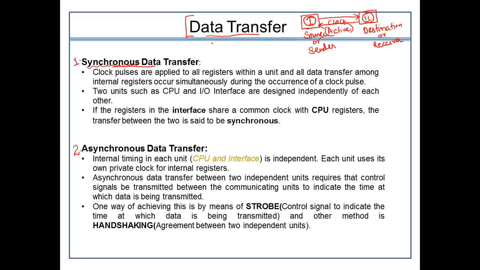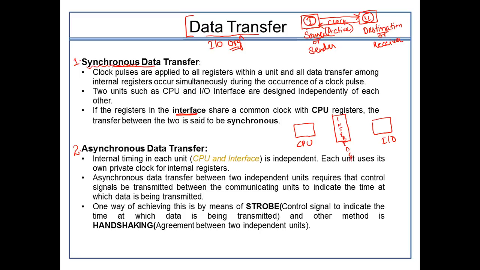As we are learning about input output organization, let's understand this concept of source and destination that way. In synchronous data transfer, the two parties, two different units, being the CPU or the IO devices, communicate with each other using the interface.